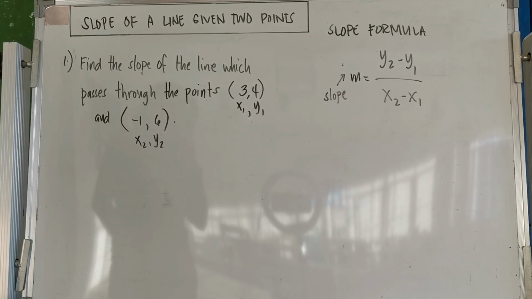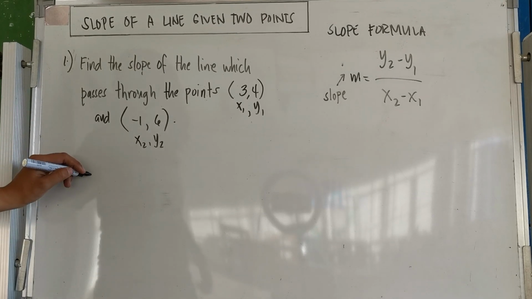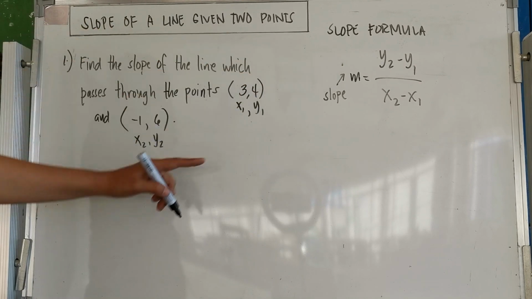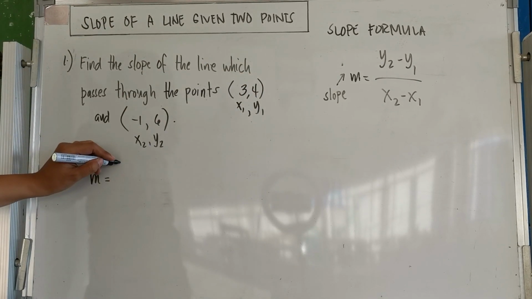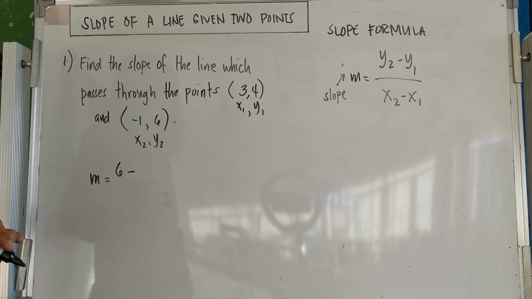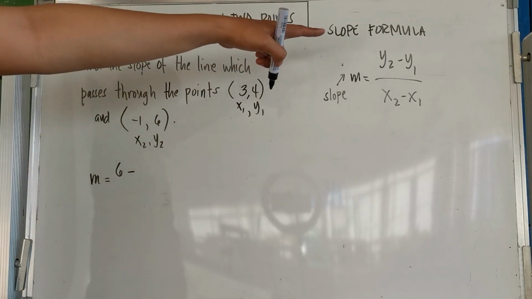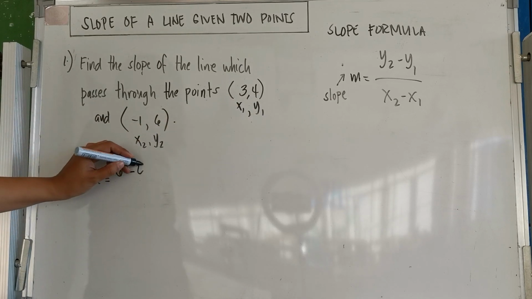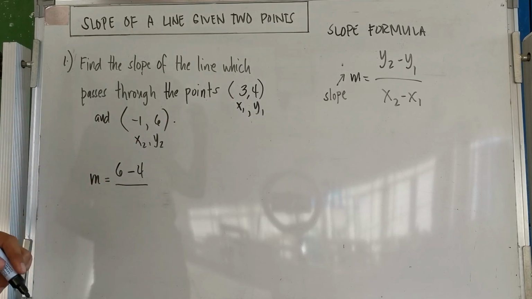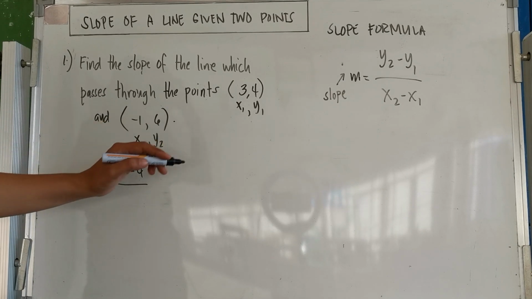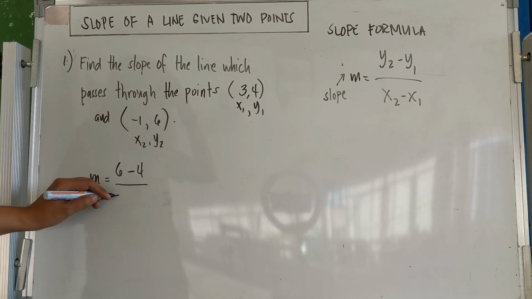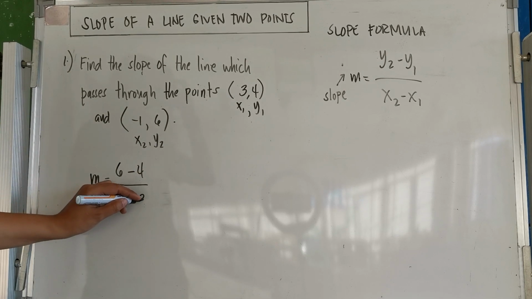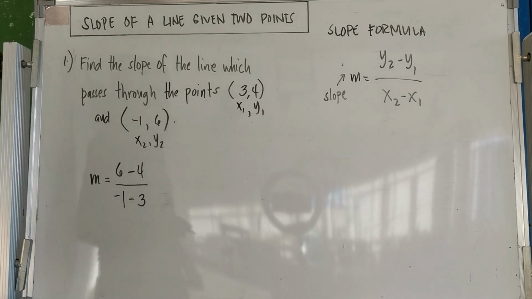Then, follow lang natin yung formula ng slope. We have m is equal to, what is our y sub 2 in the given? We have 6 minus, our formula is subtraction or minus, then y sub 1 is 4 over x sub 2 is negative 1 and x sub 1 is 3. Okay, so simplify.